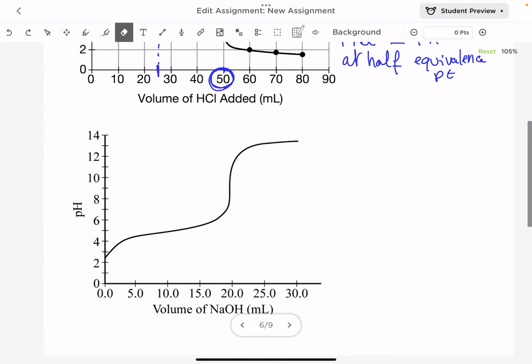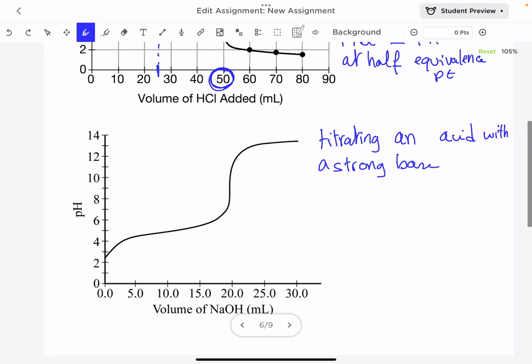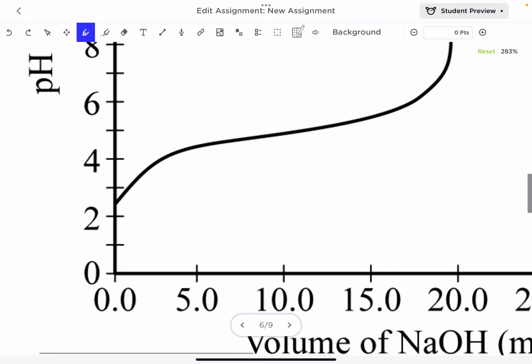Let's look at another curve. This curve starts from below. So we are titrating an acid with a strong base. Now, what is the nature of this acid? Is it strong or is it a weak acid? Look at the start.